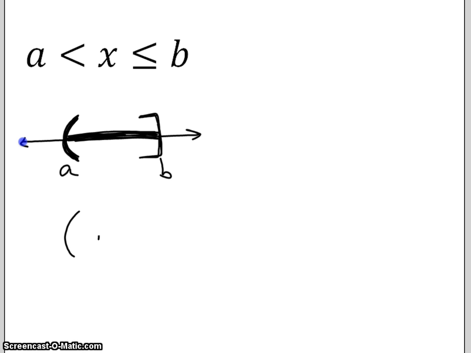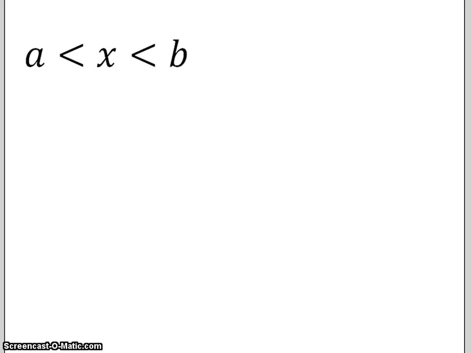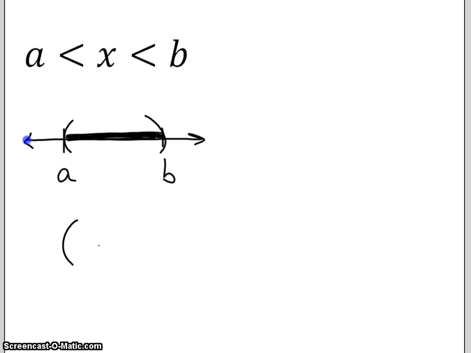That's A to B, not including A, including B. And finally, not including either: x can be any real number between A and B except the endpoints. The interval notation is A to B, not including A, not including B. Don't confuse this with an ordered pair. It looks very similar, but that's interval notation.